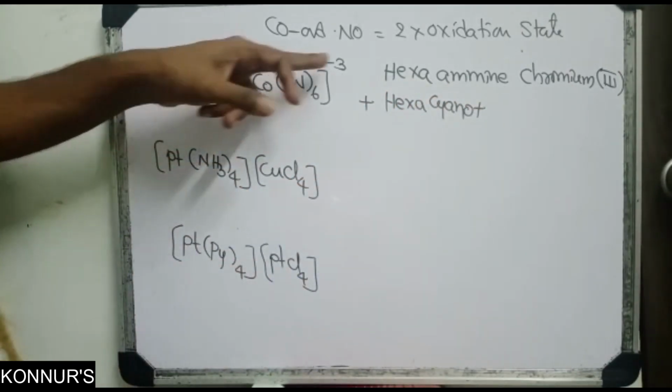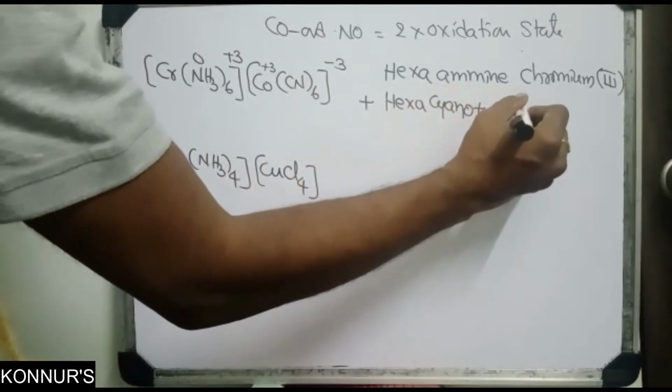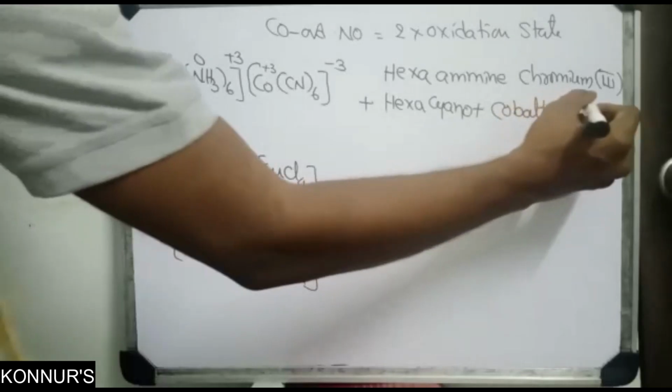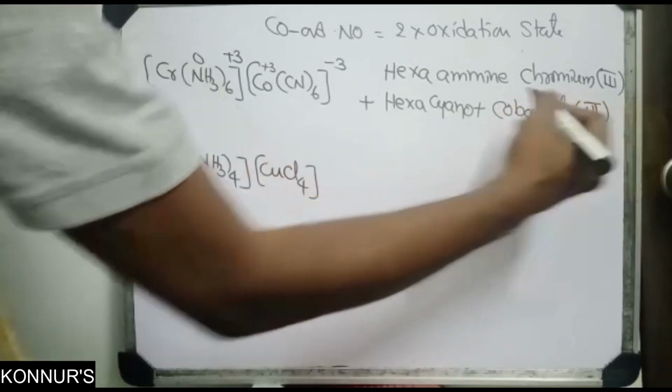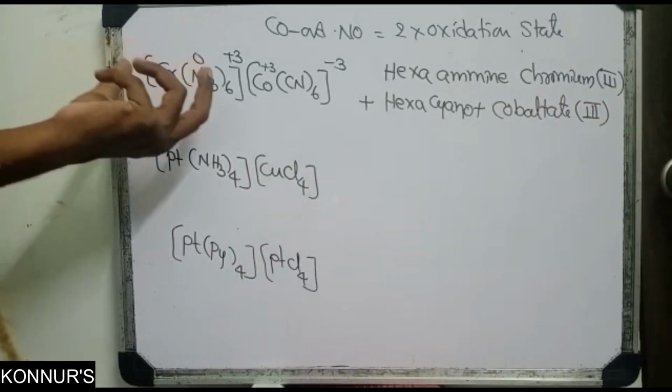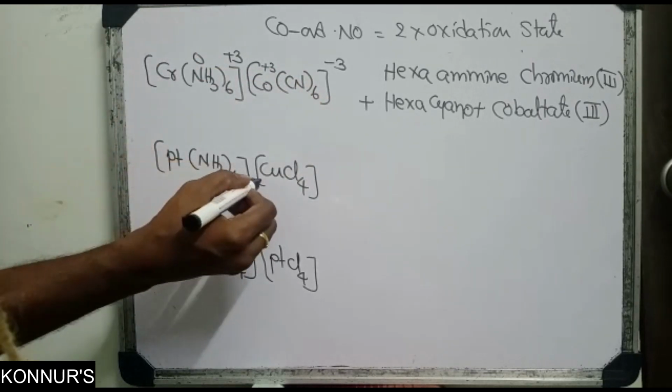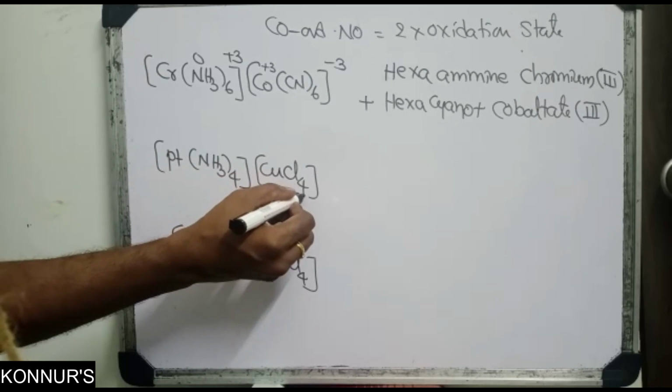Next, cobalt with negative charge, so you write cobaltate. Next, oxidation state 3. So in the given complex, first positive, next negative. So you come to here.